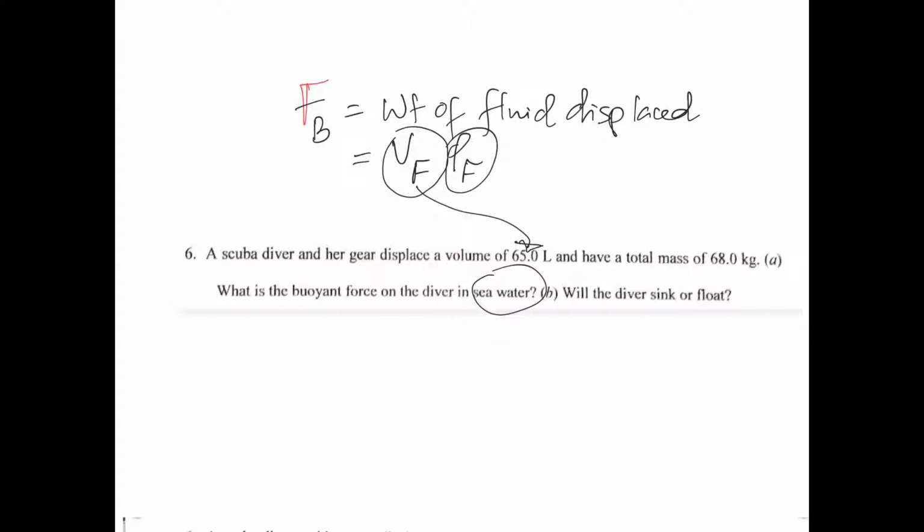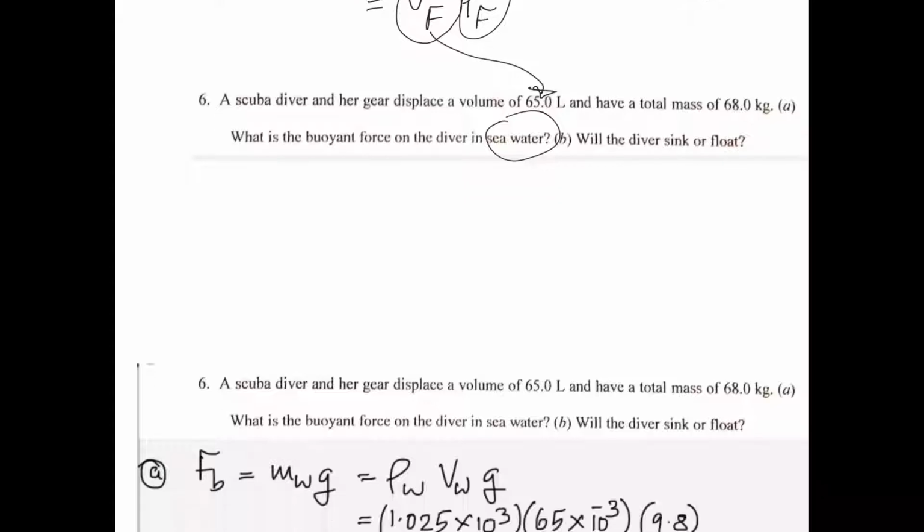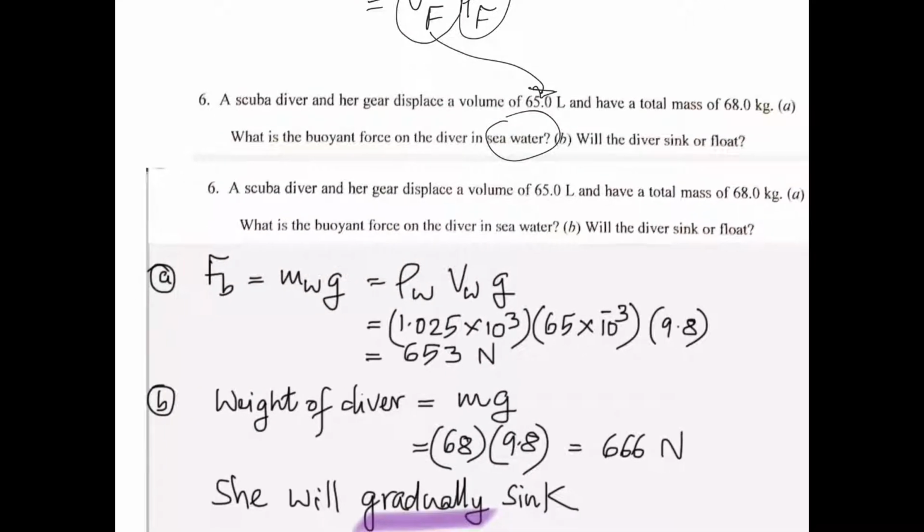That is a simple enough problem which we can do quite easily. So here you have it. The buoyant force is the weight of fluid displaced, which in this case is water. That's what the subscript stands for. That is the density of seawater.